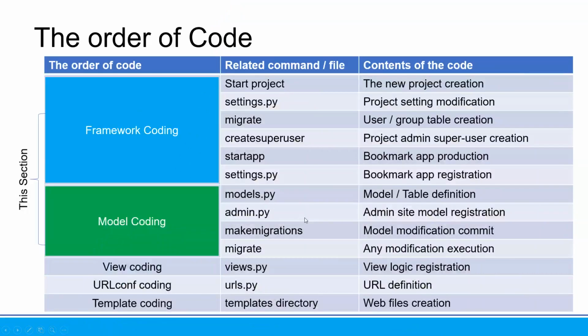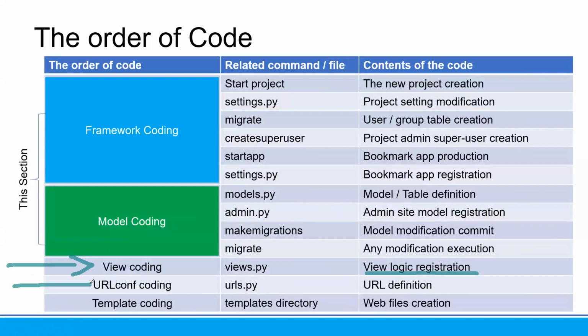So the order of the code, yeah, you can see now, you need to understand the structure from the Django project. What you learn until now is only the few coding. So it means the few logic registration.